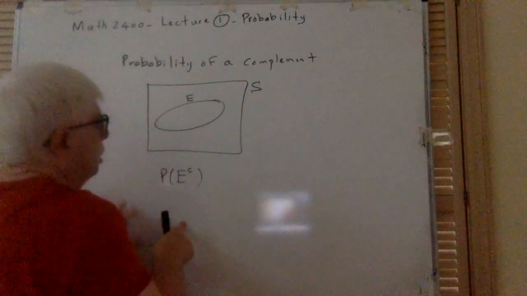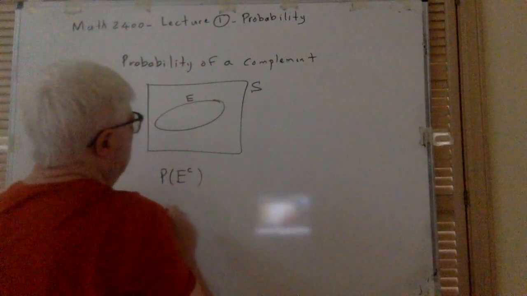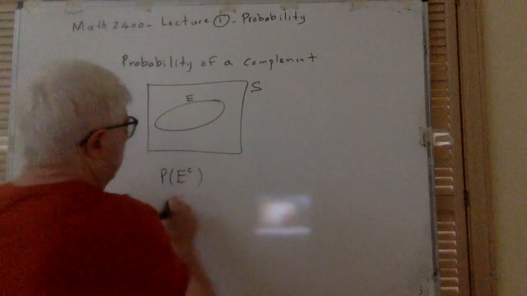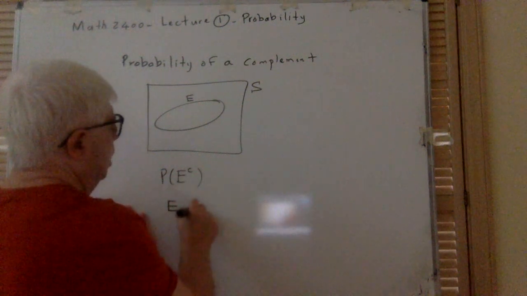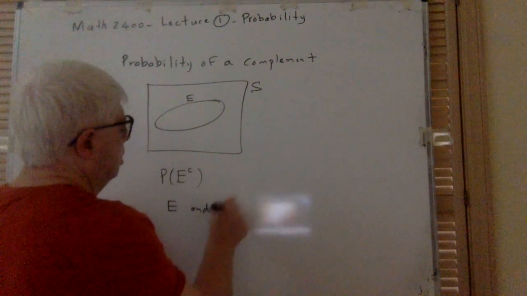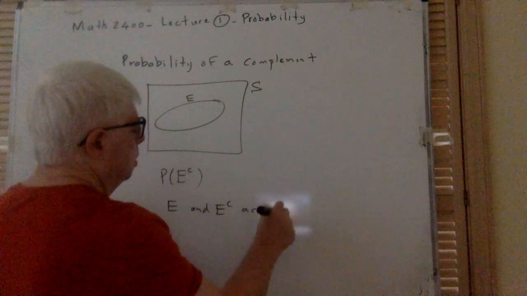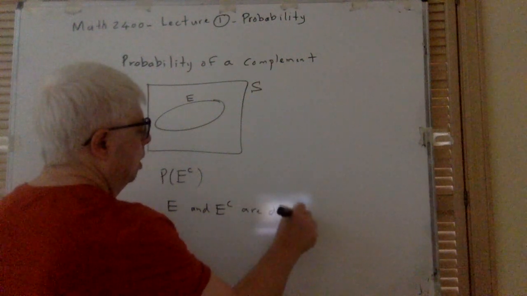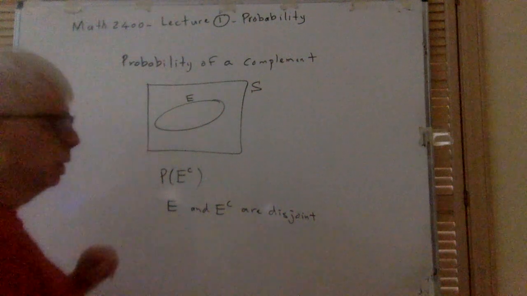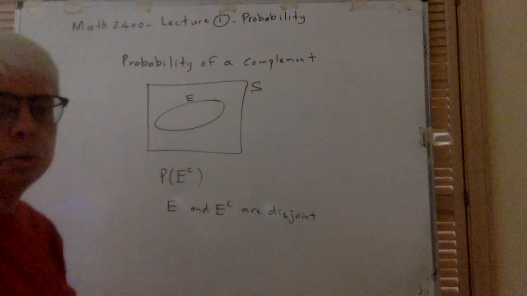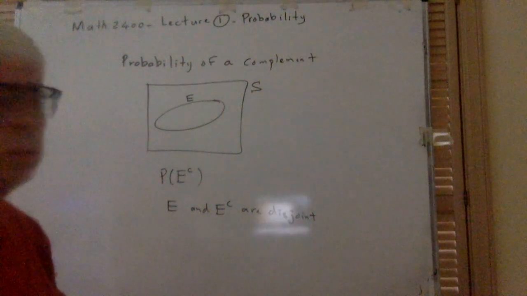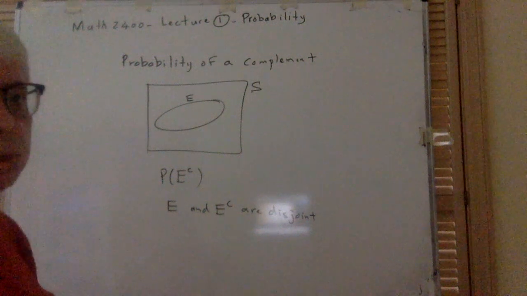Okay, let's see. What do we have here? E and EC are disjoint. A subset and its complement are disjoint.